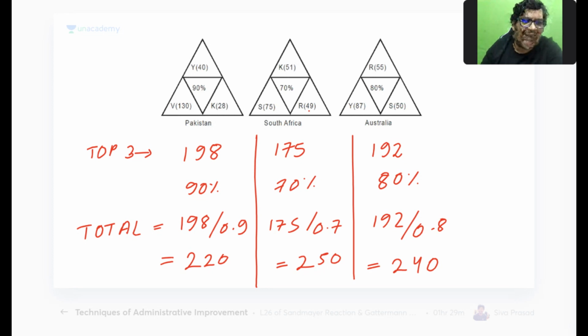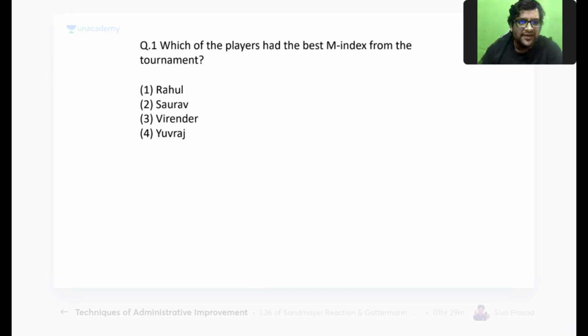Which means if 198 is by the top 3 and the total is 220, then all of the others combined scored 22. In this case, 8 more players are there. So the 8 more players scored a combined 75. And in this case, the 8 other players combined scored 240 minus 192 or 48. Fair enough?